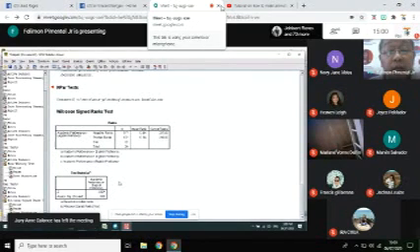Okay, so that is now for the Wilcoxon signed ranks test. Now for the Kruskal-Wallis. Kruskal-Wallis is the equivalent non-parametric test for ANOVA. So the counterpart of ANOVA is the Kruskal-Wallis. In the Kruskal-Wallis, again, we have several groups and one variable.